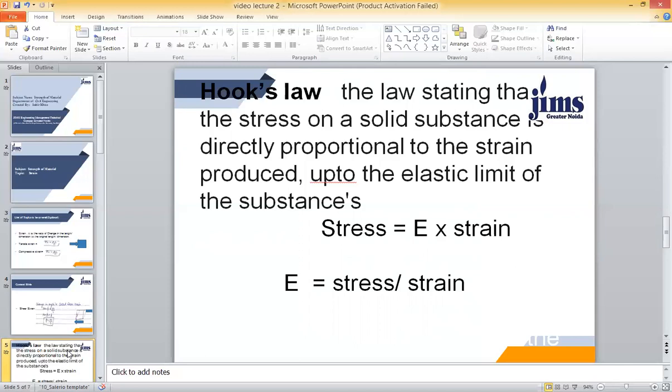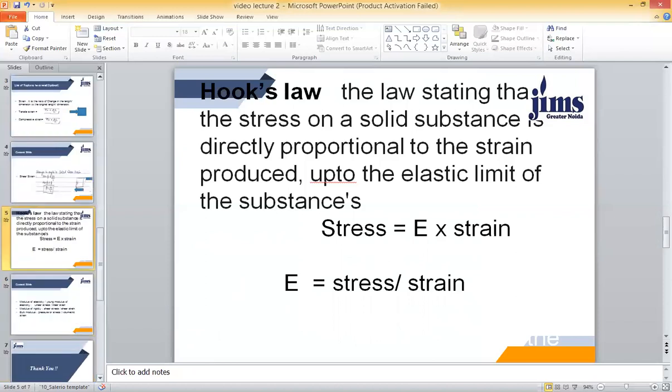Now, strain is unitless. So the unit of modulus of elasticity E is the unit of stress. That means megapascal. So the unit of E is megapascal.